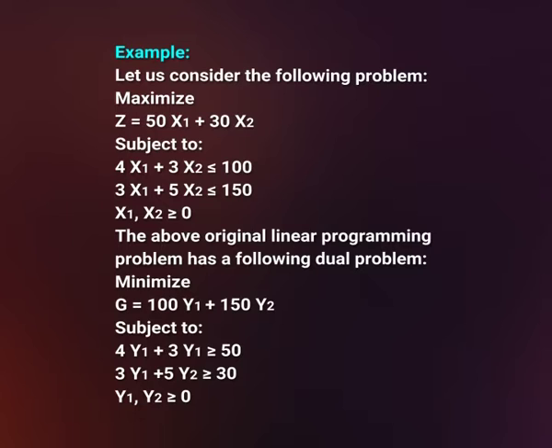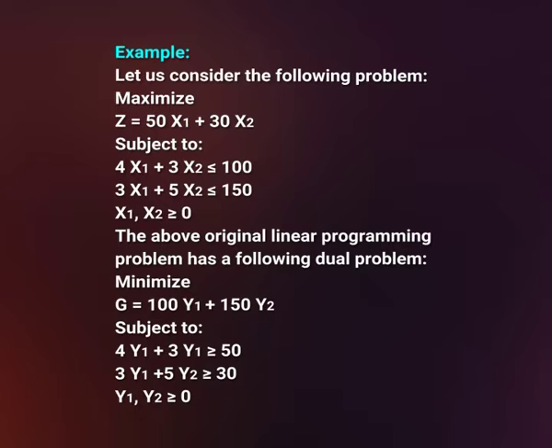Maximize z equals 50 x1 plus 30 x2 subject to 4 x1 plus 3 x2 less than or equal to 100, 3 x1 plus 5 x2 less than or equal to 150, x1, x2 greater than or equal to 0.